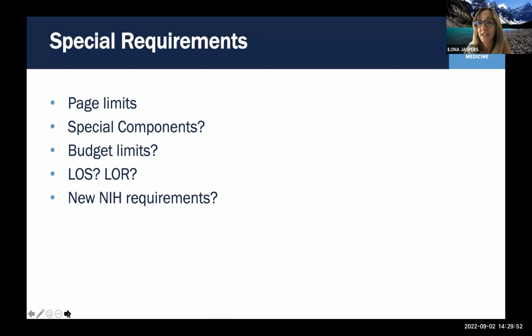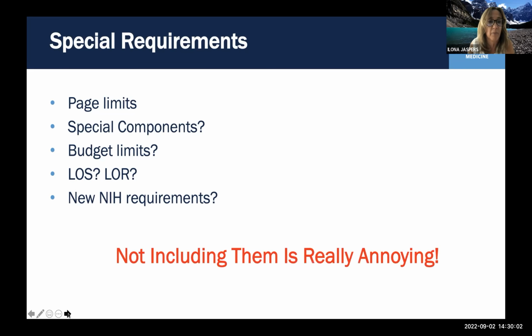It's super annoying, but if it's not in the right format, you're giving a reviewer basically food for critiquing you, or NIH actually kicks it back. So not including any of these special requirements is really annoying. When I've reviewed grants and you're relying on a technology or on a reagent from someone and the letter of support is not included, that's really annoying. So make sure all of those are included.